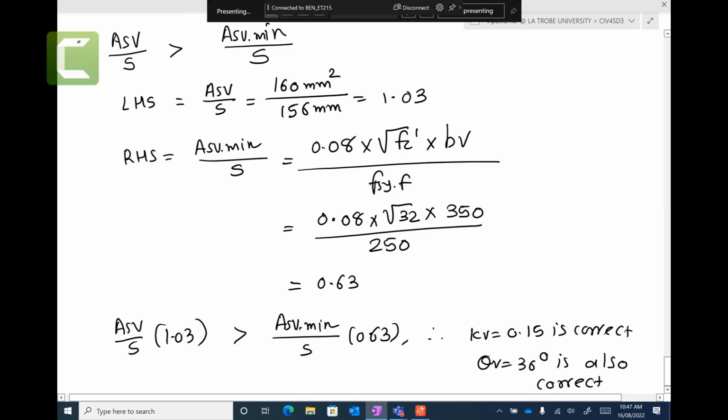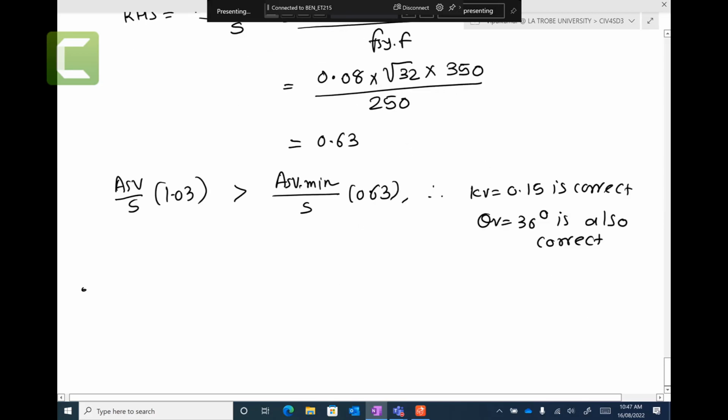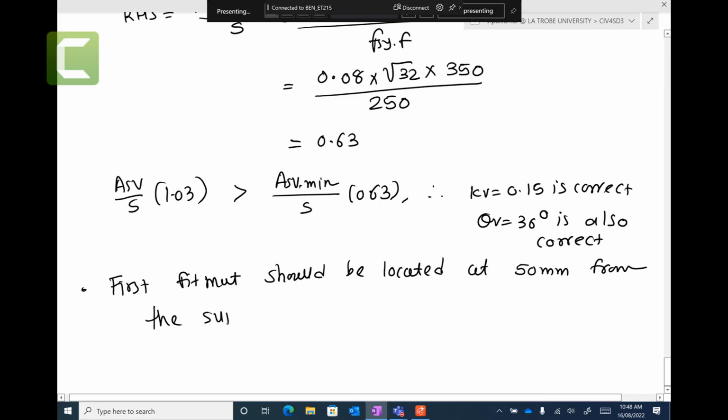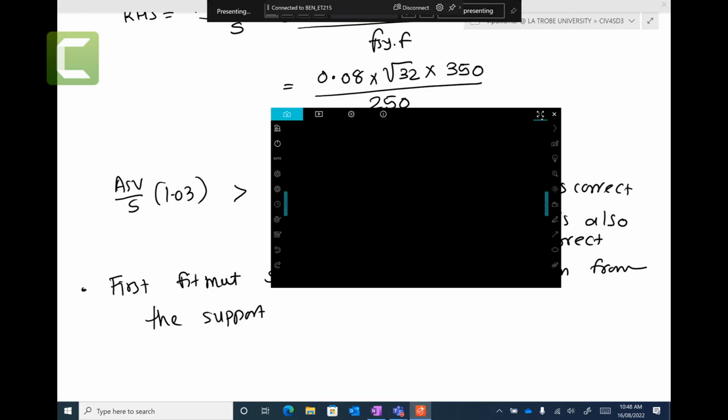Now there are a couple more checks that we need to make. First, your first fitment should be located at 50 millimeters from the support. Where is it written?